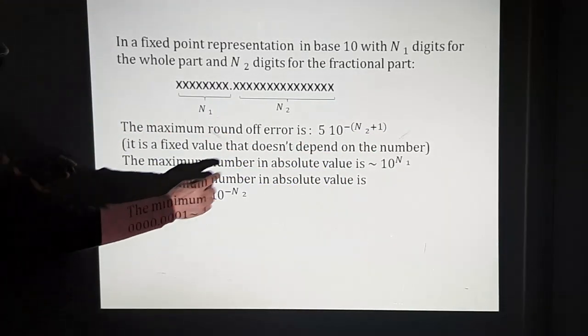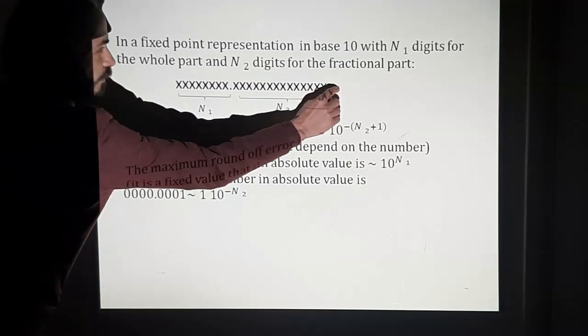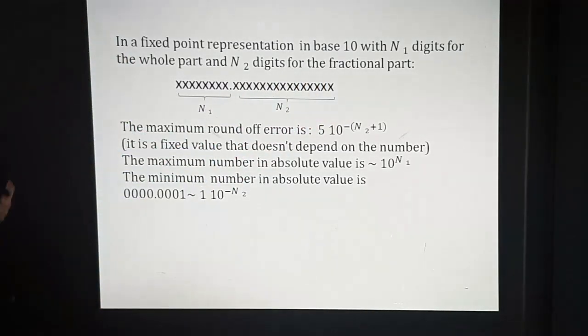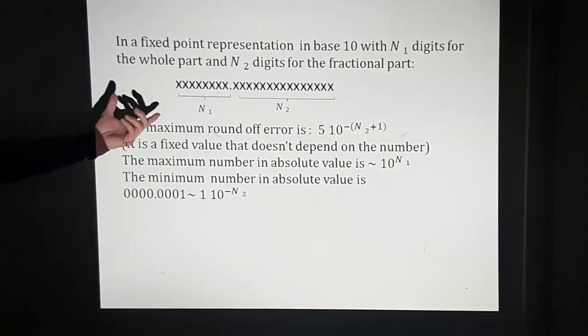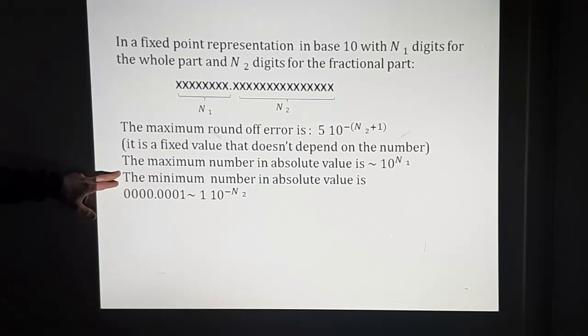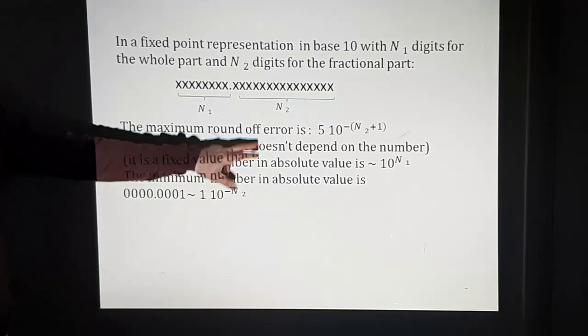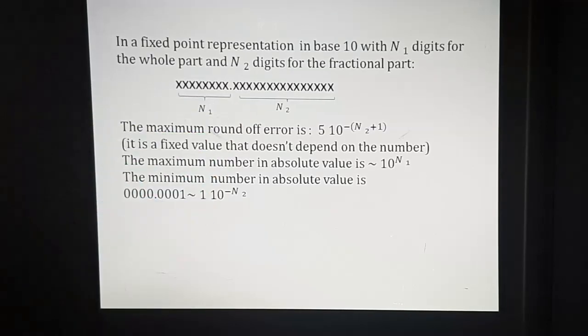Because here I will have a 5, if here I have a 5000, then this is my maximum round-off error. So it's a fixed value. The maximum number is 10 to the power n1, which depends on the number of digits for the whole part, and the minimum number in absolute value is 10 to the minus n2, which depends on the number of digits that we use for the fractional part.